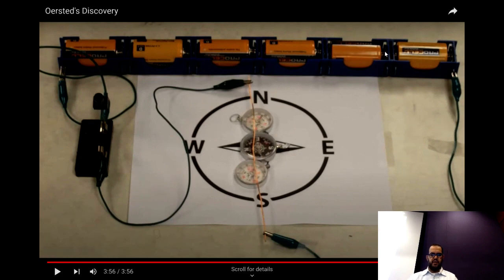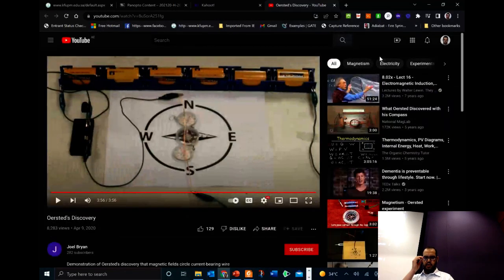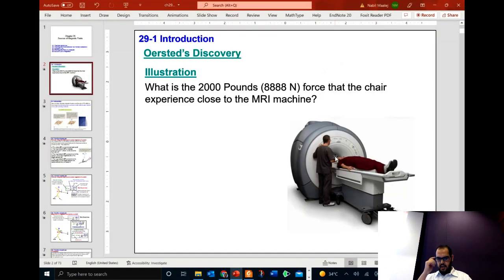Okay, so a very nice illustration that a current flowing through a wire generates a magnetic field. And as he mentioned, this finding led to many other inventions later on. Now currents flowing through magnetic fields are used in many devices, including, for example, the magnetic resonance imaging machine, the MRI machine.